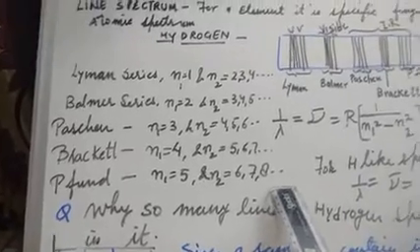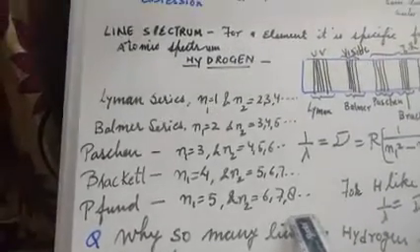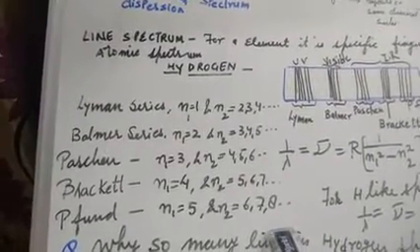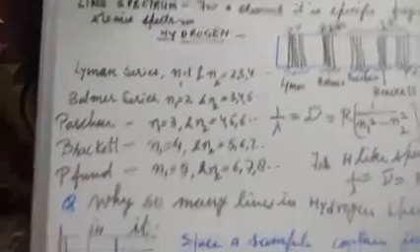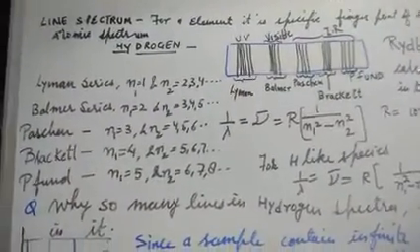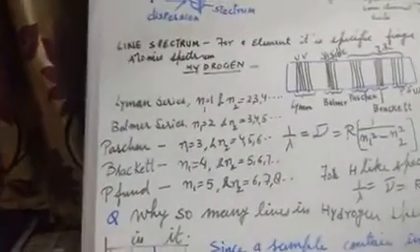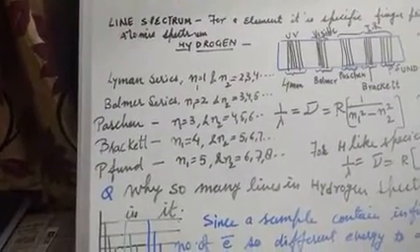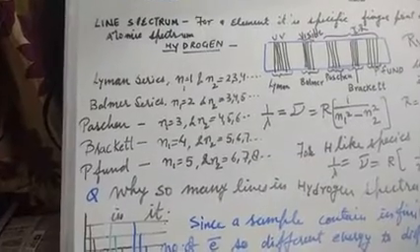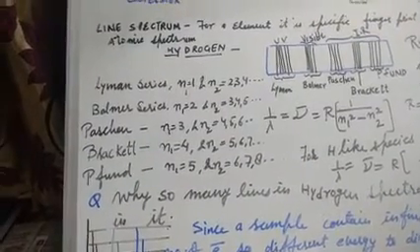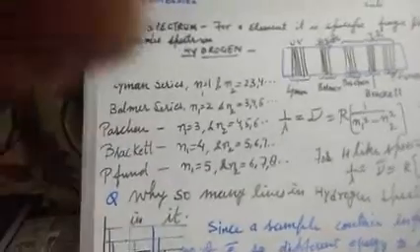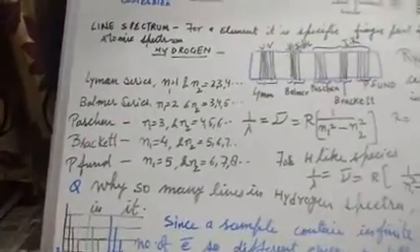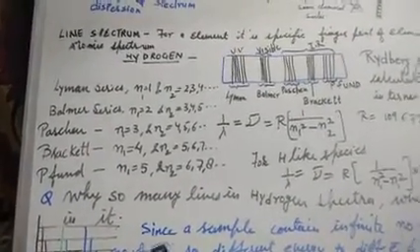Okay, students. Now one question should come to your mind: in the hydrogen atom only one electron is present, so why are we getting so many lines in the hydrogen spectrum? The answer is, we are not taking a single hydrogen atom alone.